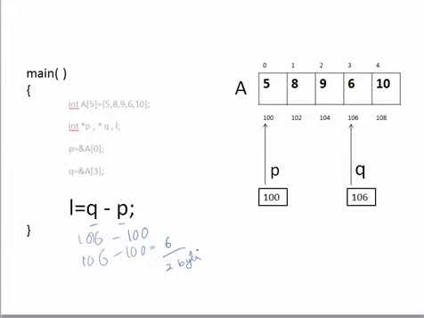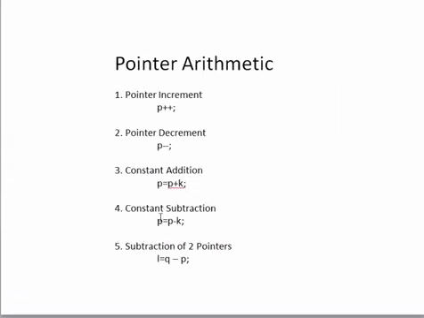So if we divide it, then we get 3. So 3 is the number of elements between them. Yes, this is the first element, this is the second and third. So Q is 3 elements away from P. So this gives the meaning of how many elements are there between P and Q. So when you subtract, you get the number of elements between them.